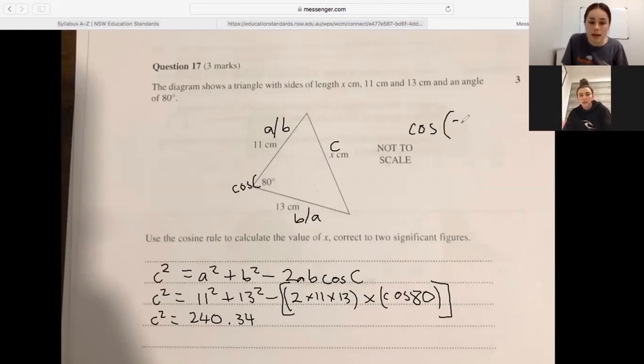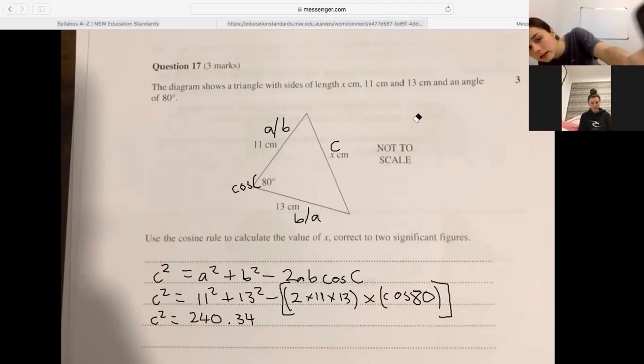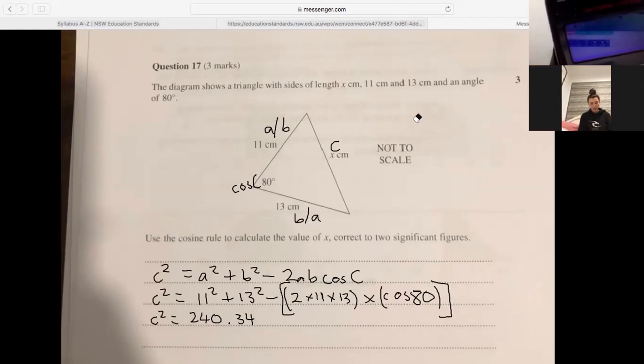So just pop in 80 there and close the bracket. Did it come up like that? Yeah, that's why I had to redo it. There. Cos bracket.